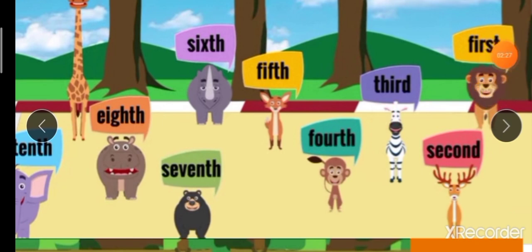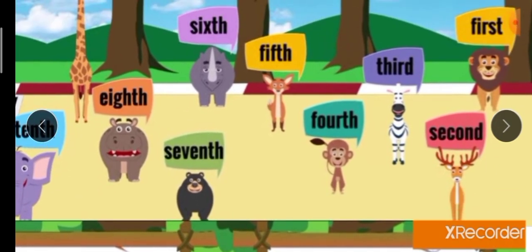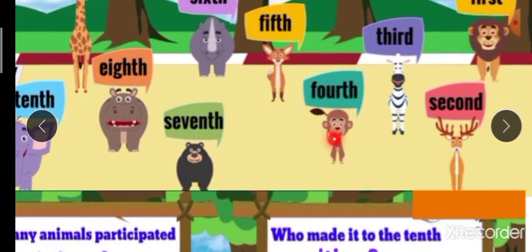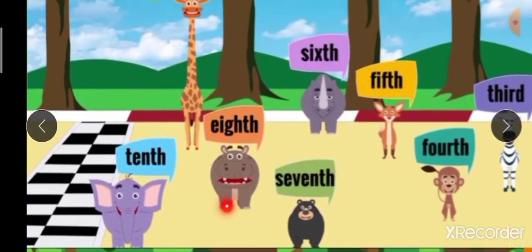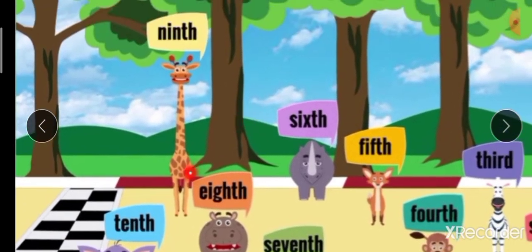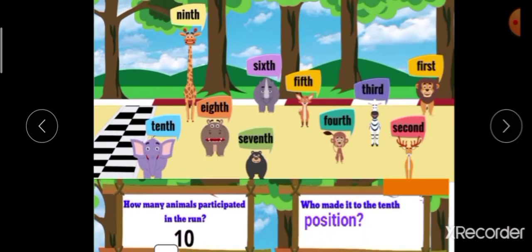Lion was on first position, deer was on second position, zebra was on third position, monkey was on fourth, and this fox fifth, rhino sixth, bear seventh, hippo eighth, giraffe ninth, and 10th is the elephant. So there were 10 animals, and when they started to run, the lion was the first and the elephant was the 10th.